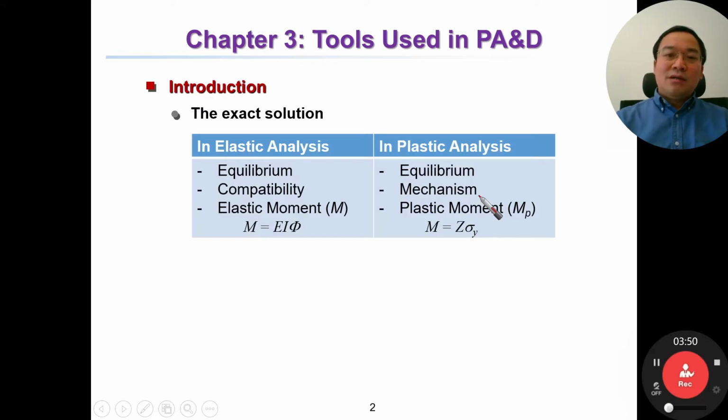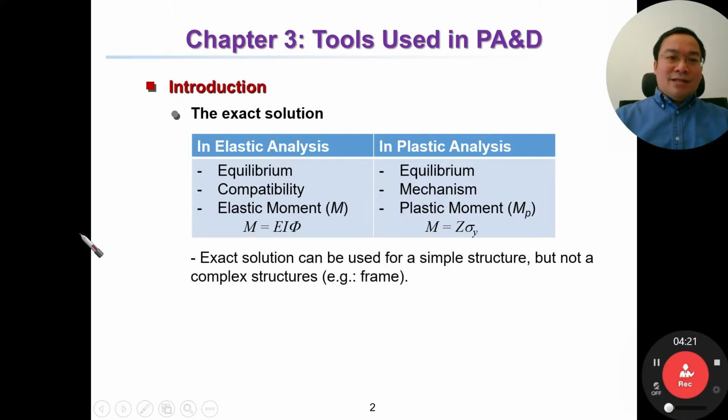And in plastic analysis, we use the plastic moment, Mp. As you already know, Mp equals Z multiplied by sigma y, where Z is the plastic section modulus, and sigma y depends on the strength of the material.